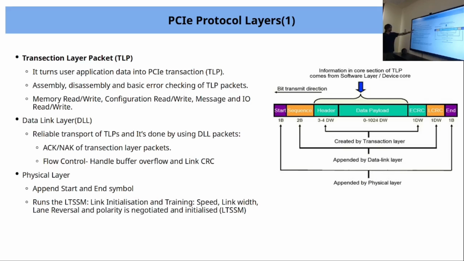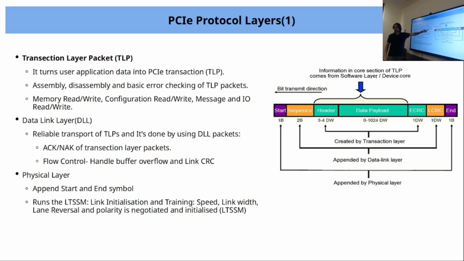So this layer also takes care of all the assembly and disassembly of the TLP packets. And then we have different kinds of TLP packets. This one is for reading only the configuration space of the endpoint. We also have memory read and write, which is to read the actual internal memory of the endpoint, not only the configuration space or the internal registers. And we also have message.